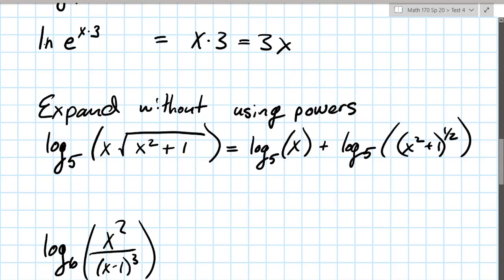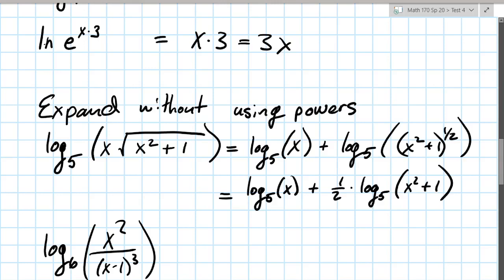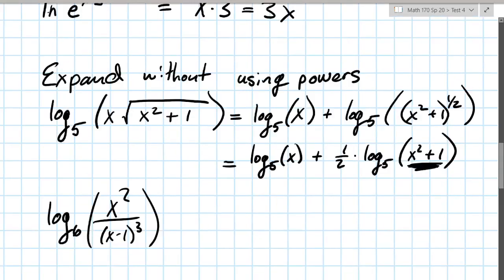It says expand and don't use powers, so I want to change that 1/2 power, and we want to finish off the problem by writing that as a coefficient. There's nothing else we can do with this. Notice we don't have any properties on how to expand a sum or a difference inside the log. It's just products and divisions inside the log.